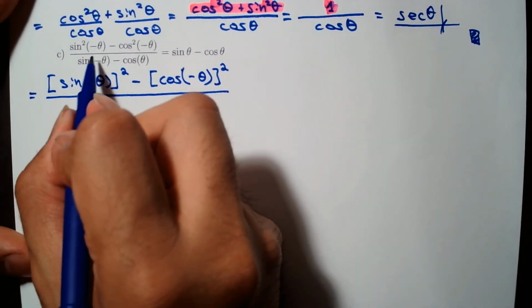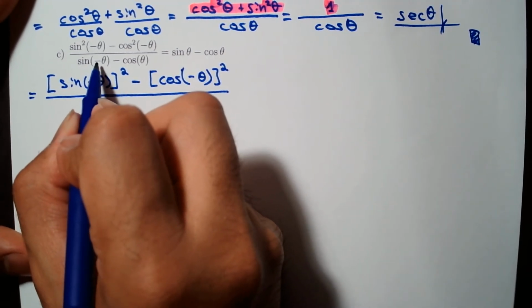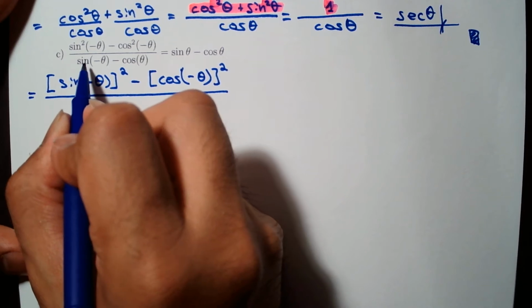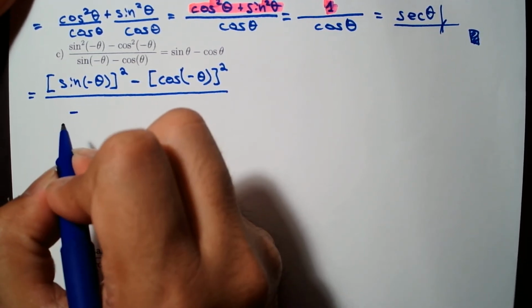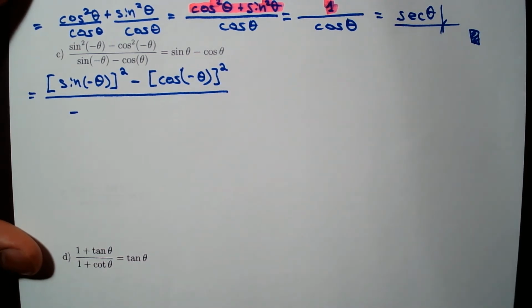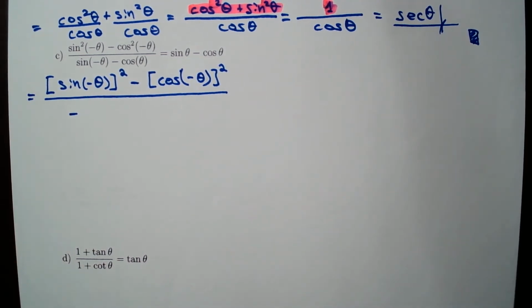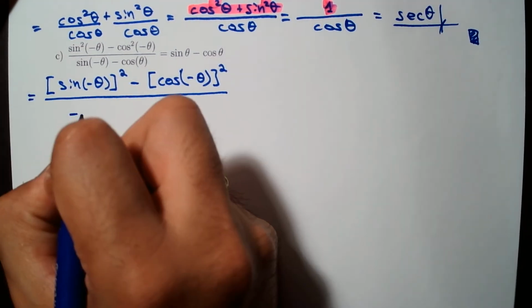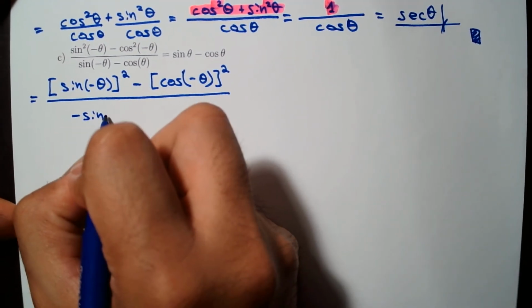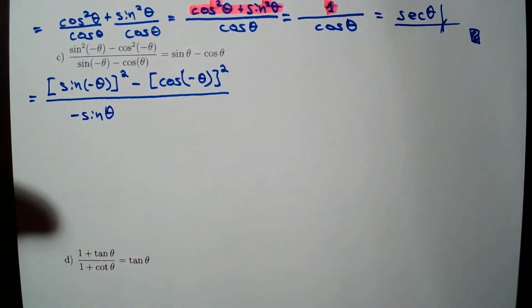And then, in this case, we can actually apply the even-odd property of sine. Sine of a negative angle is negative sine of the positive angle.